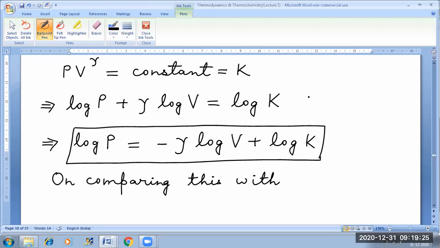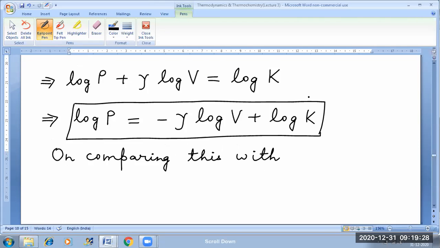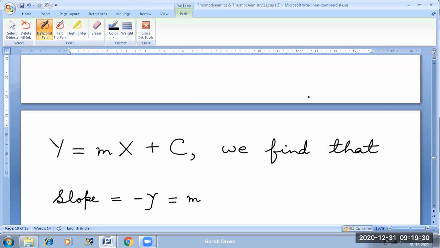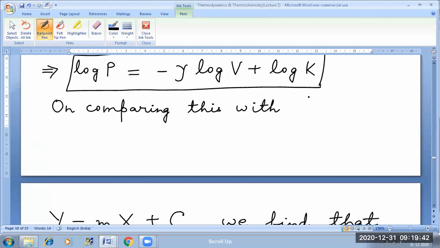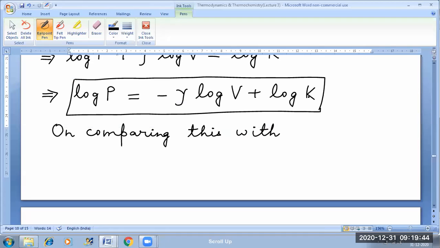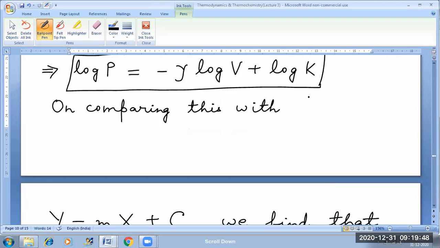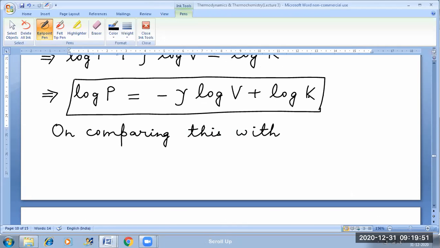So minus gamma will be the slope of the line. How did I get that? Because I brought it to a form where y is log P and x is log V, and then I compared this with y equal to mx plus c. On comparing coefficients, we saw that m is minus gamma.